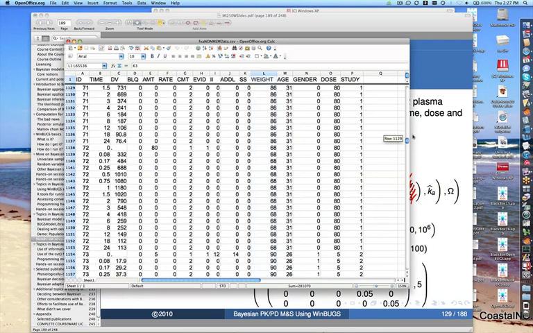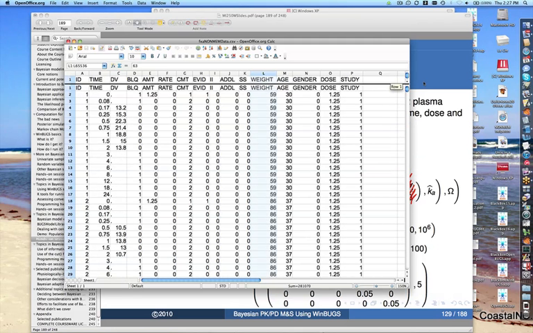For instance, if I go back to the single dose data, you're going to see a lot of places where DV here is missing, and the corresponding value of BLQ is 1. Those would be cases where we have missing data due to the concentrations being below quantifiable levels. So we need to deal with that.